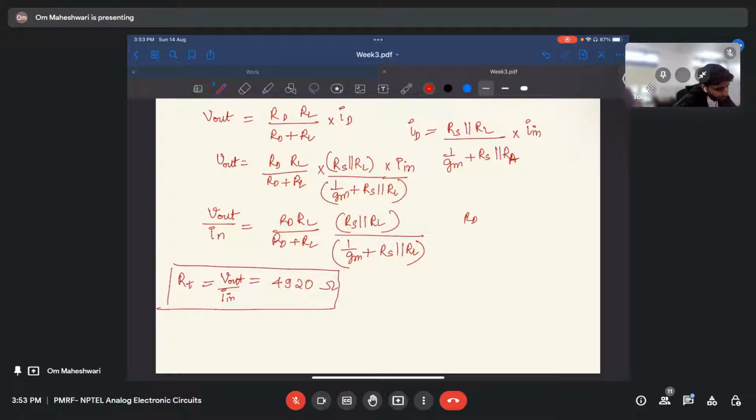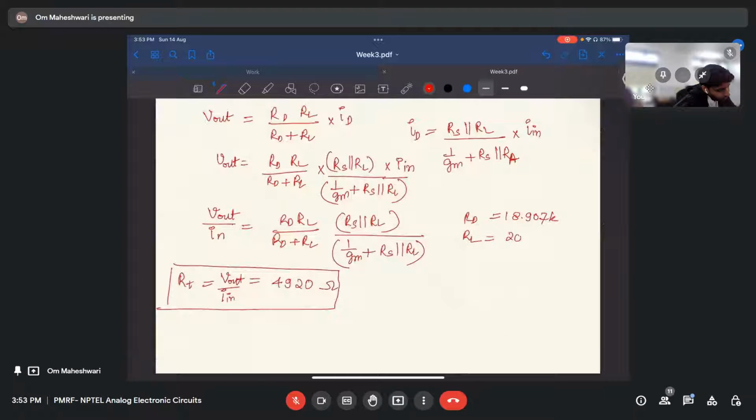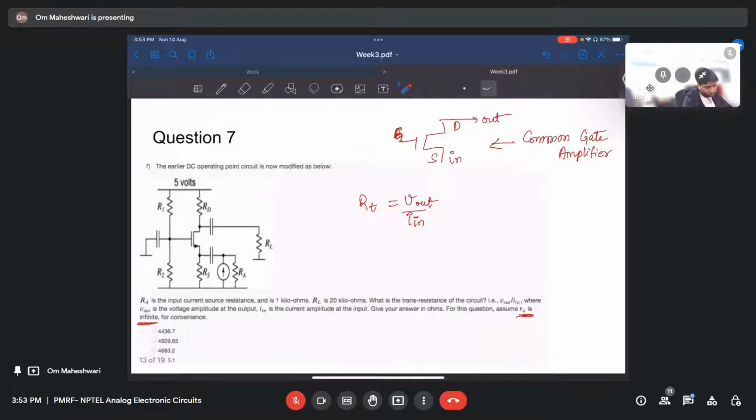RD is 18.9907K, RL equals 20K, RS is 2.773K, and GM we know is 1.4 millisiemens. If we put all these values, we'll get this, and it matches with this 4920. It is very close. So this is the answer.